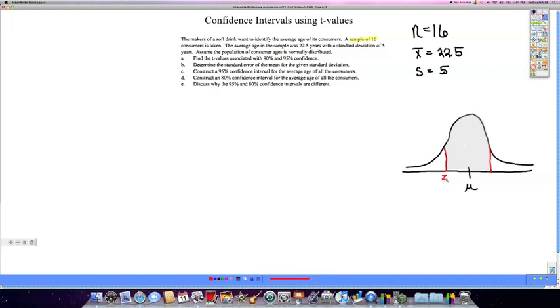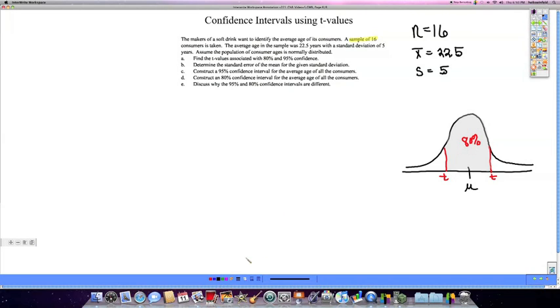We are still looking for a z-score on both sides of the mean, and all of this remains consistent. The only difference is instead of a z-value, we're looking for a t-score. And of course 80% of the area is in this portion.